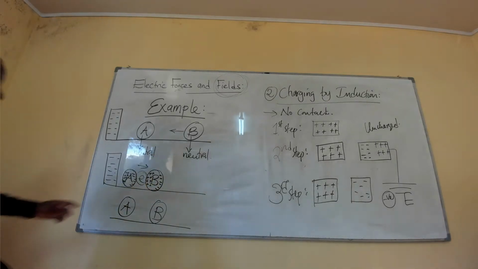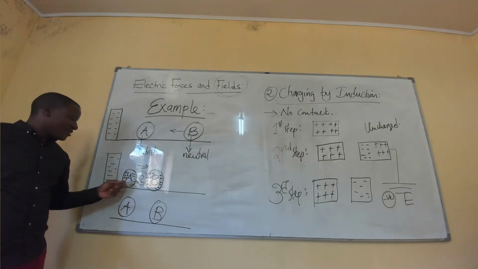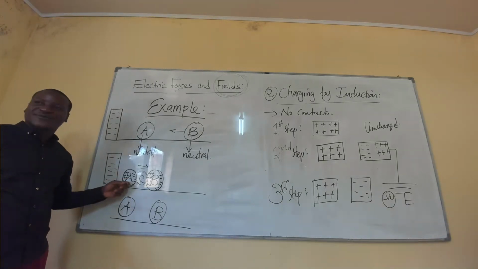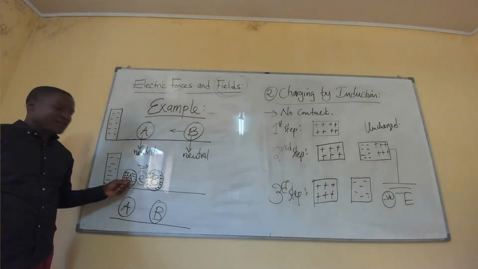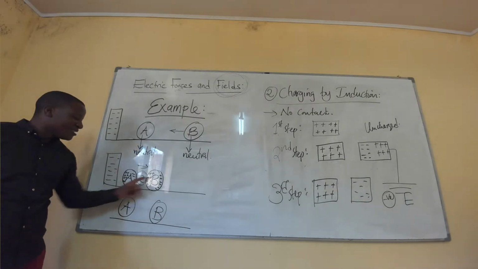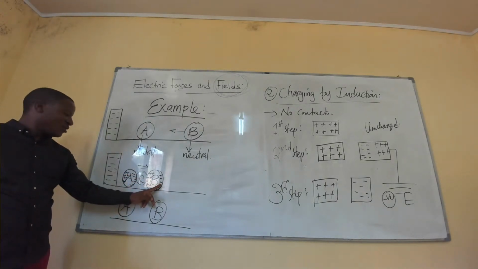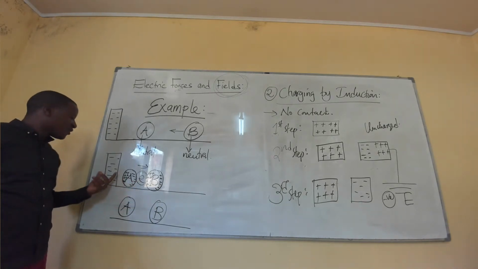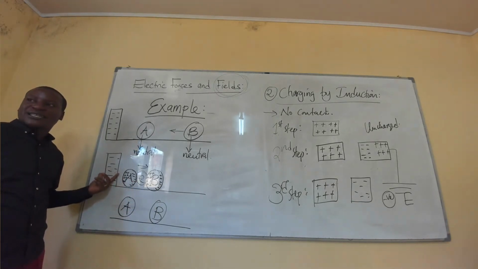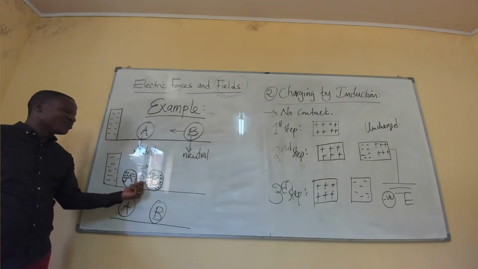So straight away, where you see that ball A will be positive, that becomes your answer. You don't even need to waste time, because you know that this will push some electrons. The moment these two collide, these electrons will be pushed to the other ball. Then this will remain positive after you remove this. That is by induction. Then this will be by conduction when these two come together.